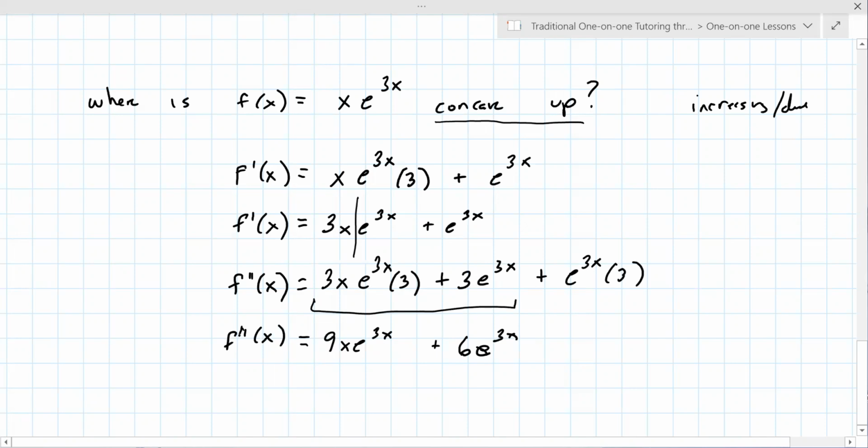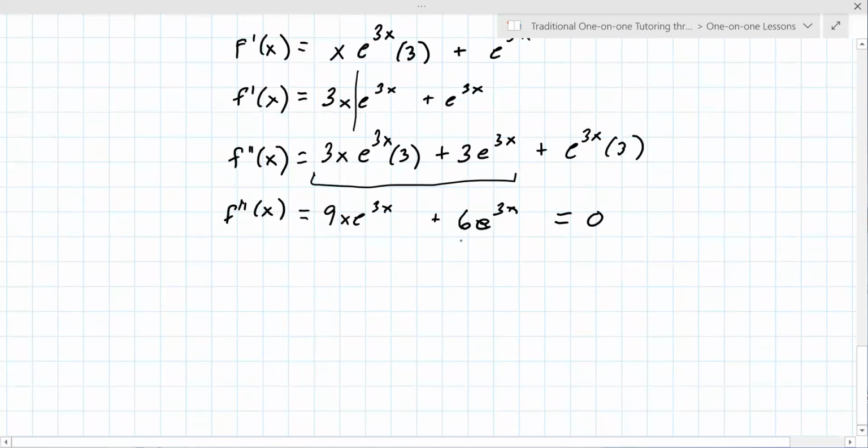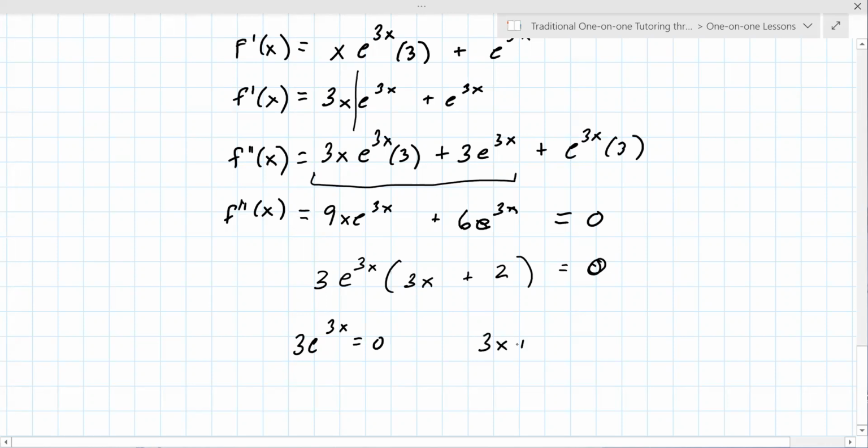So you now set it equal to 0, and factor out whatever you can from both terms, which is 3e to the 3x, leaving 3x plus 2 equal to 0. You set each of these equal to 0. The 3e to the 3x is never 0, because e to the anything is never 0.